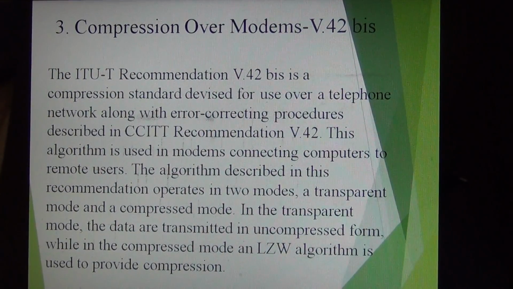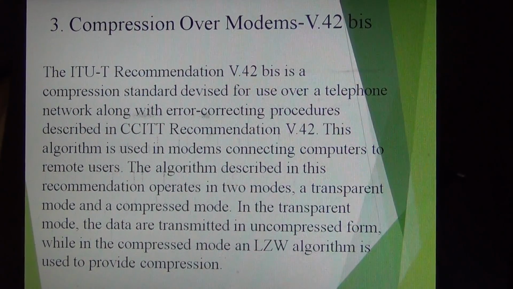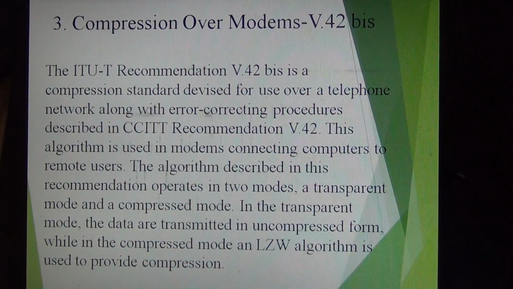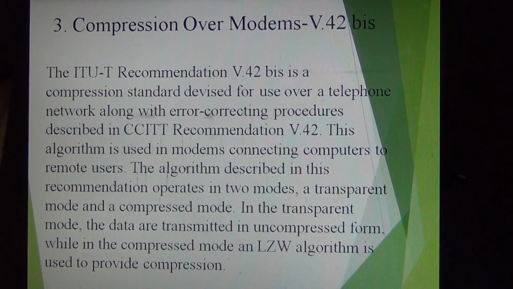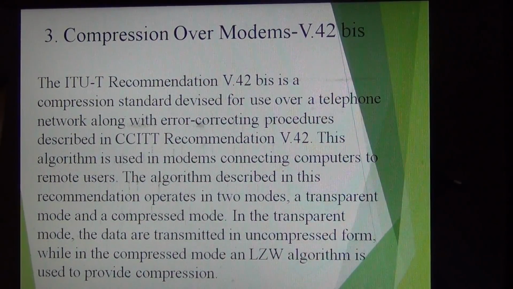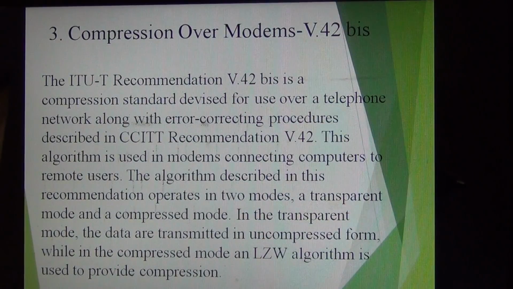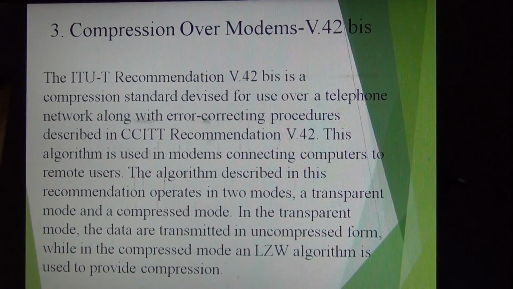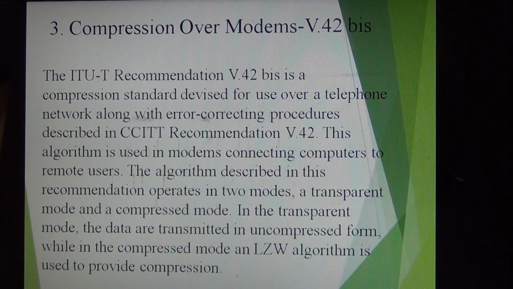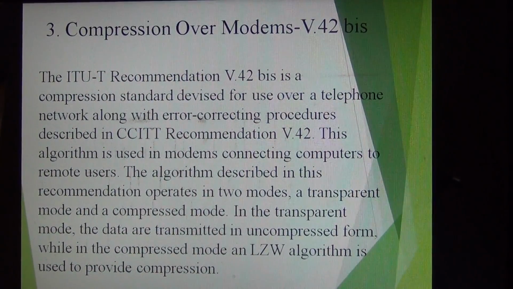This algorithm is used in modems connecting computers to remote users. The algorithm described in this recommendation operates in two modes, a transparent mode and a compressed mode. In the transparent mode, the data are transmitted in uncompressed form, while in the compressed mode an LZW algorithm is used to provide compression.